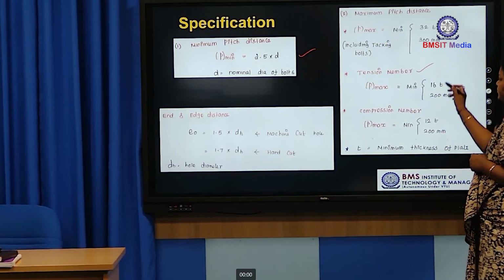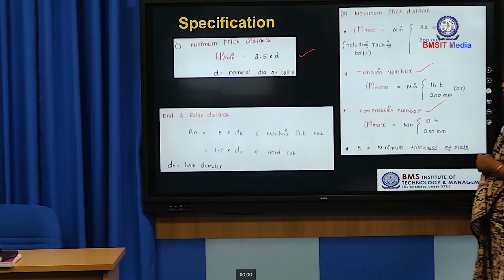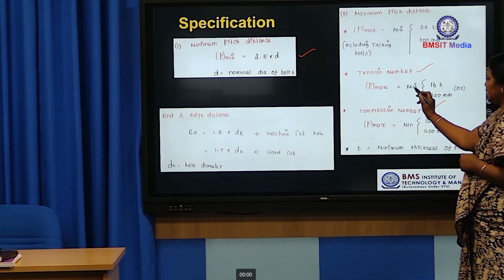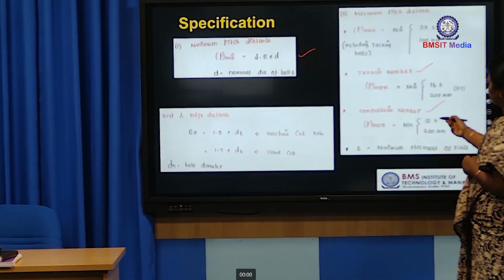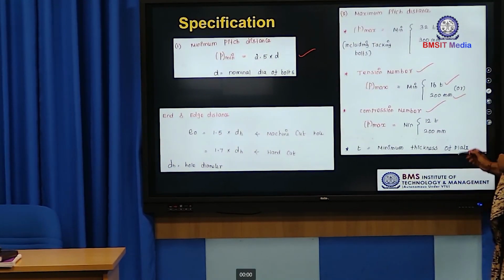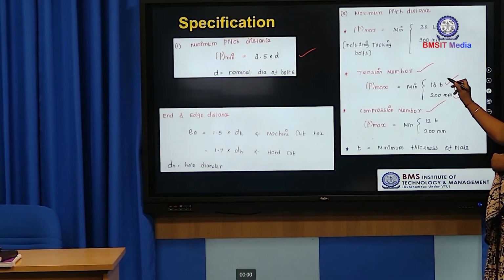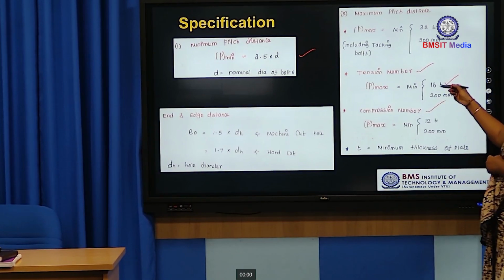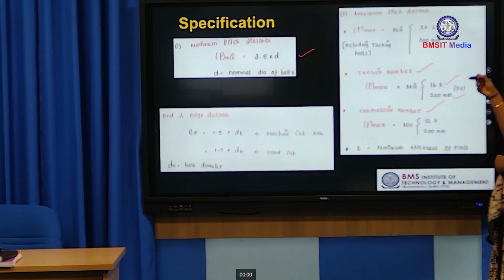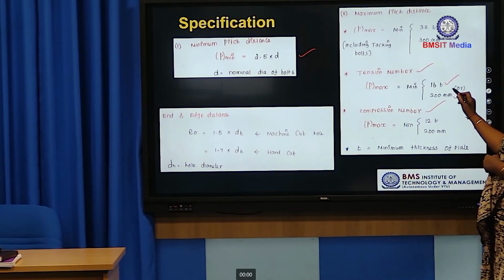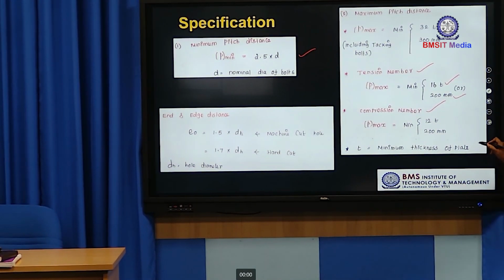This is for the tension member. For the tension member, P maximum equals the minimum value between 16T and 200 mm. First we calculate 16 times T, then compare with 200 mm, and find out which one is minimum. That value is the maximum pitch value. What is T here? T equals the minimum thickness of the plate.